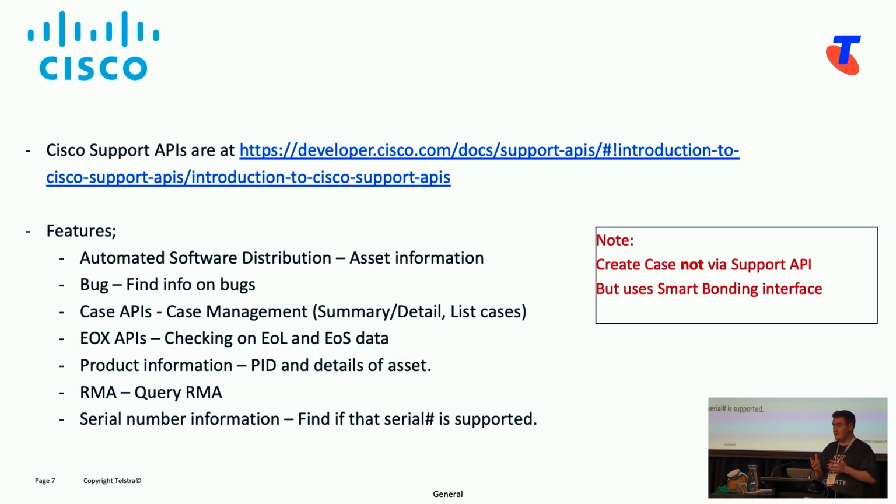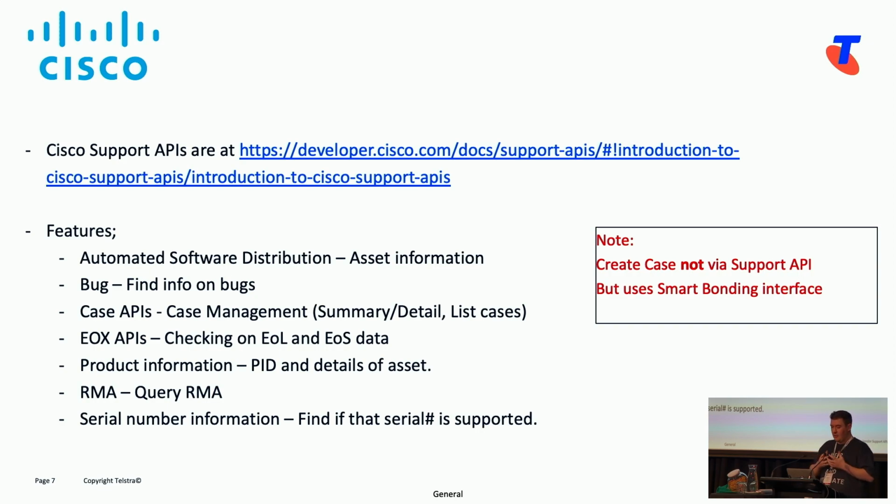Second, Cisco. Cisco has an extensive support API as well, including ones for asset management, case management, end-of-life data, and service quotes. While the case management API does have a number of really great features, at the current time, the ability to raise Cisco cases is via another API called Smart Bonding or Smart Grid.